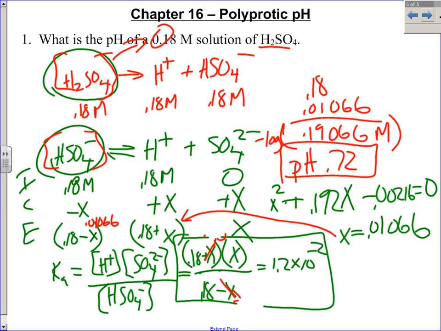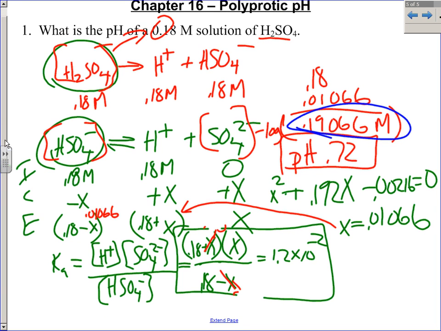I know my SO4 2 minus is going to equal x, so I know this concentration is going to equal 0.01066, and I calculated that my H plus concentration was the value right here in the middle. So if they asked me to calculate any of those concentrations, I could find all four of them. H2SO4, well, that's going to be 0. SO4 2 minus, that's going to be 0.01066. And then if I just add and subtract from 0.18, I can calculate my HSO4 minus and my H plus.